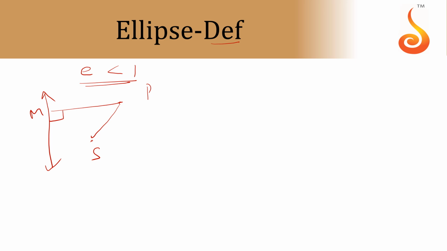According to the symmetry, you know that you will have two foci, two vertices, and two directrices for the ellipse. So SP by PM, which is e, is less than 1. This is the definition of ellipse.